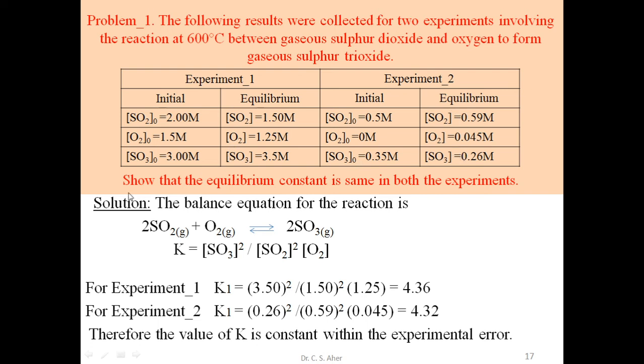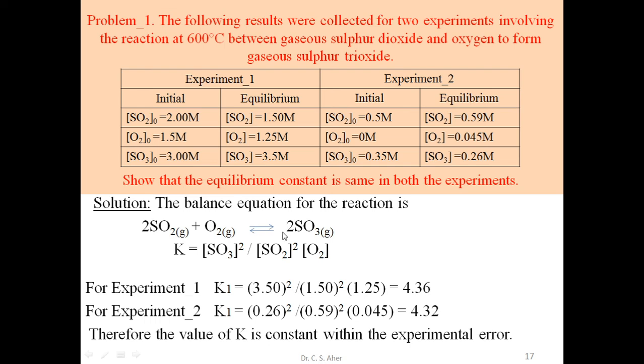What is the actual question? The question is: show that the equilibrium constant is the same in both experiments. So the balanced equation for this reaction: SO2 is converted into SO3 by addition of oxygen, or oxidation. When we balance this equation, we require 2 moles of SO2 gas plus O2 gas.